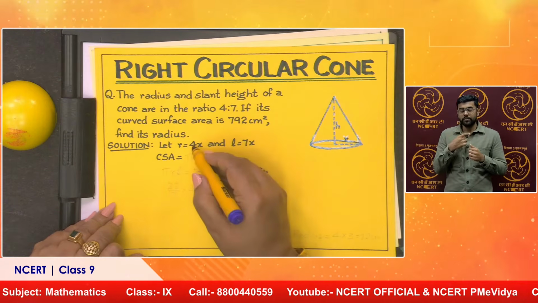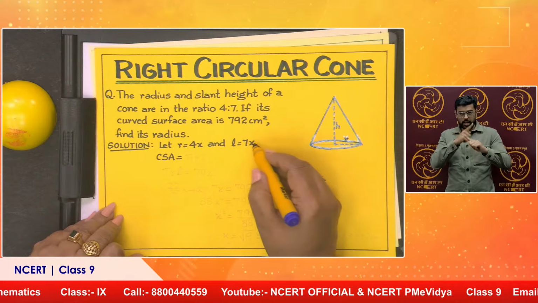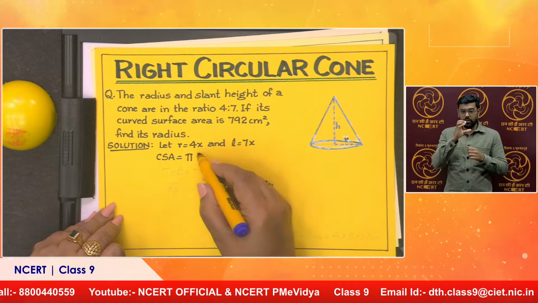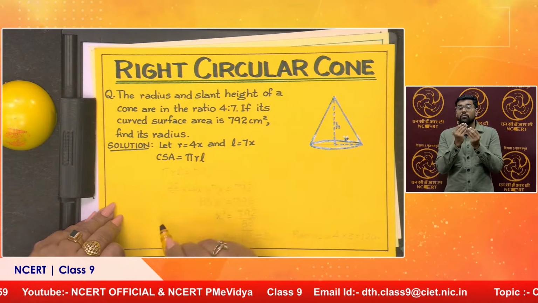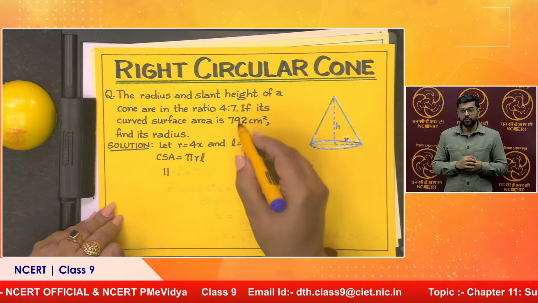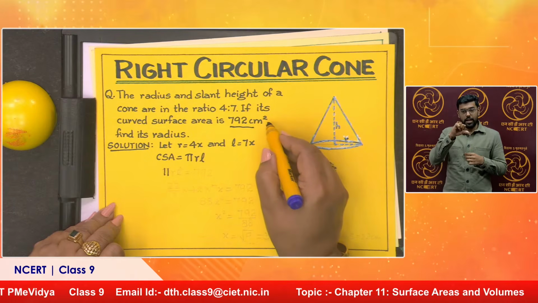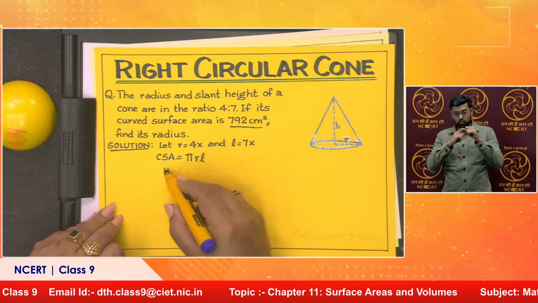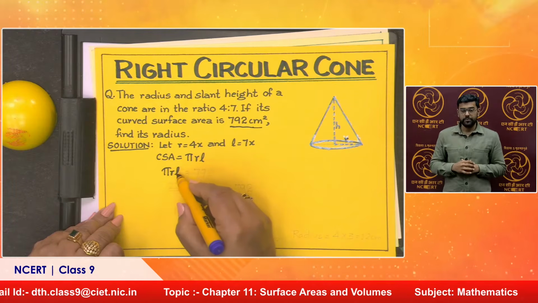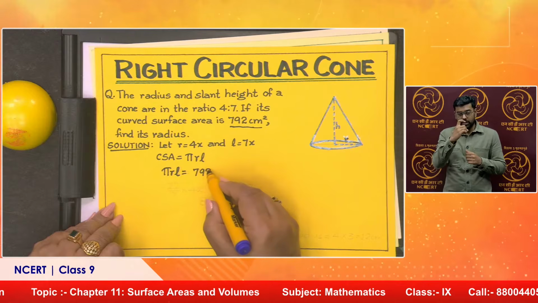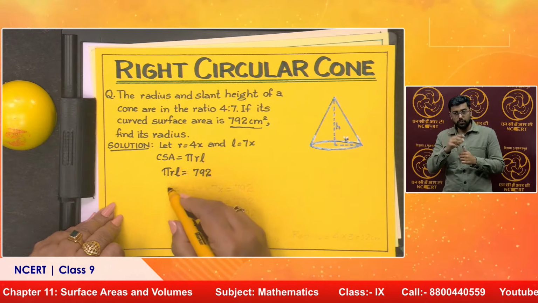Let us take the radius as 4x children, and what is the slant height? 7x. So, the curved surface area formula is pi r L. It is already given to us that the curved surface area is 792 centimeter square. Using this, I will write down pi r L is equal to 792.